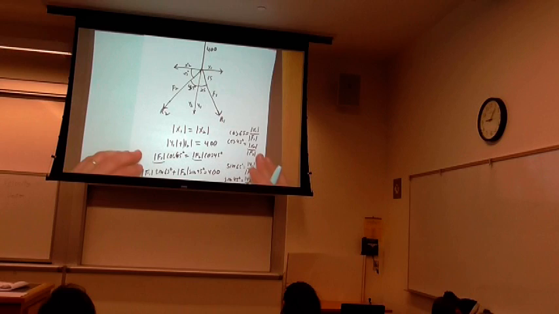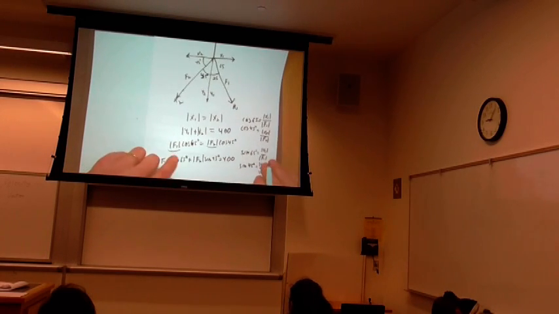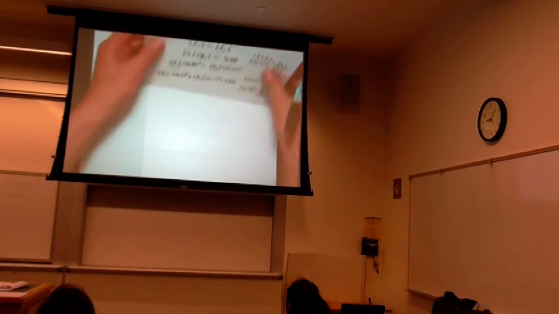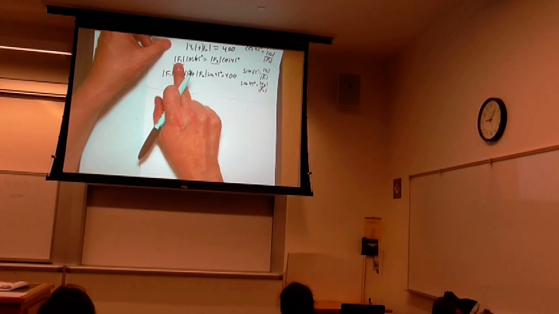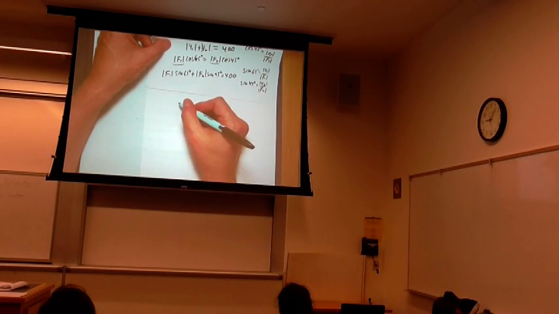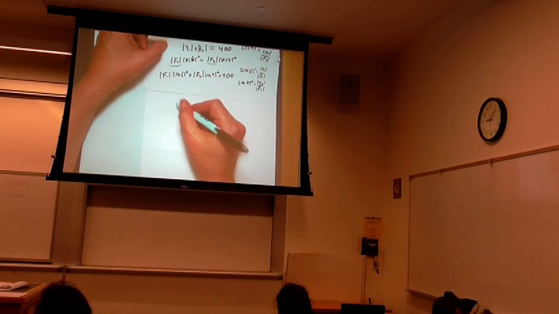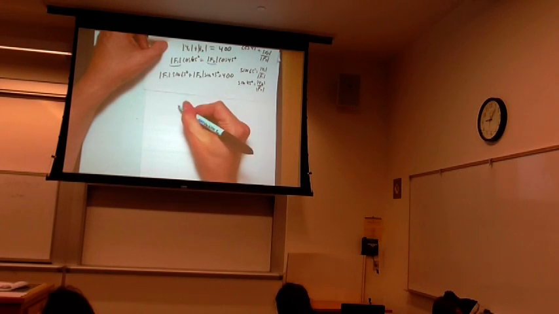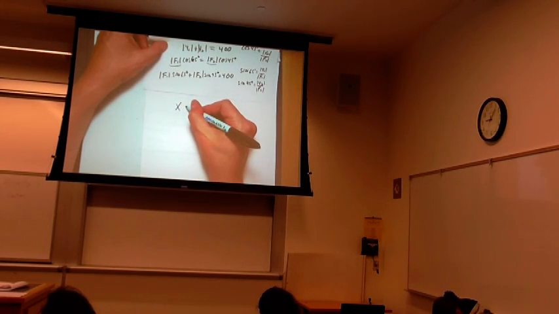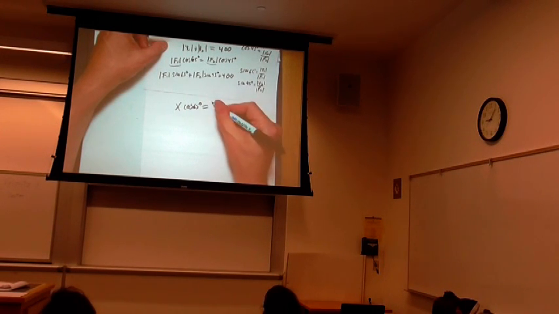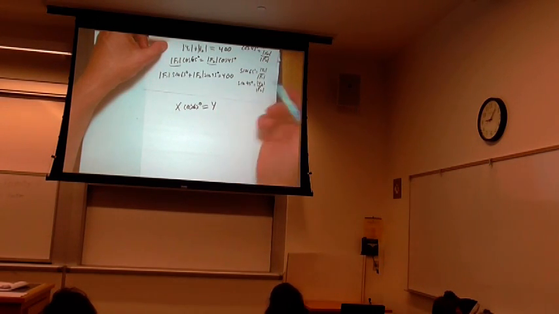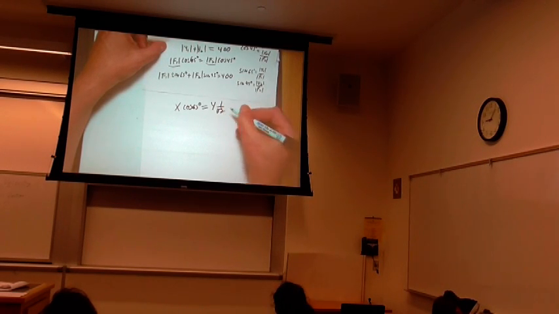Okay, so we're almost there. Like I say, this is kind of ugly, but I'm going to make this look much more familiar. I'm going to call F1 x. Forget the x's we've been using. x cosine 65 degrees equals y, that's my F2, times cosine of 45, which is 1 over the square root of 2.